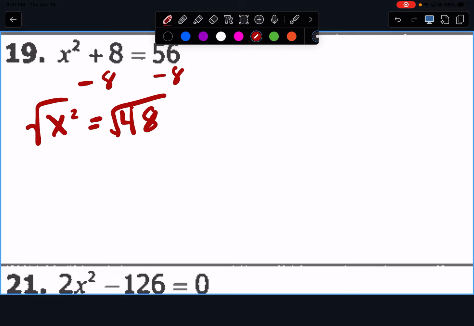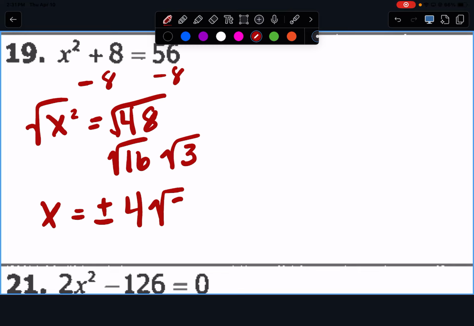And so we have to break that 48 apart. What's the biggest perfect square that can go into it? And it goes into it how many times? Wait, then why didn't we break apart 3? Because 3 can't be broken apart. So it's just a square root of 3. Okay, so this one we can break it apart because the perfect square of 16 can go into it. So that means that x is going to equal positive negative 4 root 3.